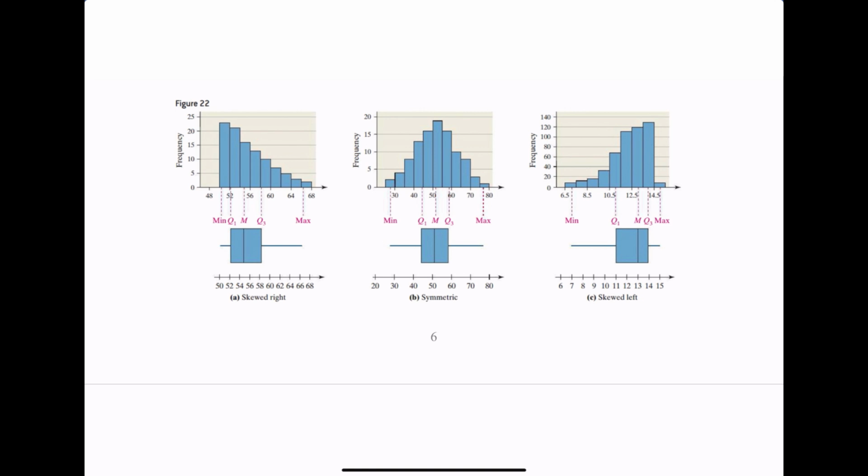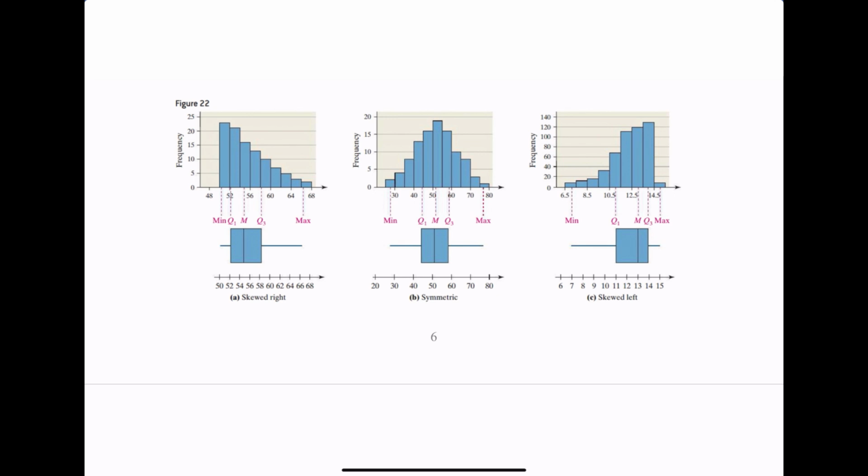On the other hand, there are things you cannot tell from the histogram. You can't tell where the minimum and maximum data values are. All you know is that the minimum one is in that first class and the maximum one is in that last class. Whereas the box and whisker plot shows directly where the lowest value and the highest value are. Also, you can't really tell from the histogram where the median or the mean are.